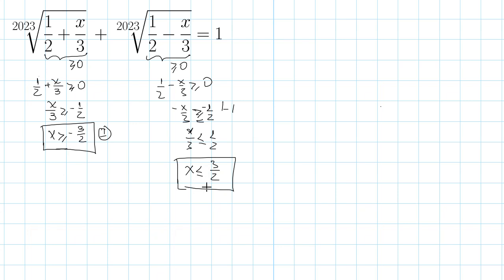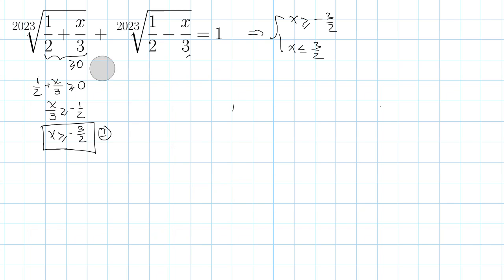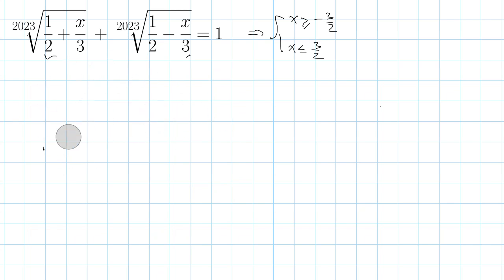Okay, guys, so this is our condition. So I'm going to put these conditions here. Our solution has to obey these conditions. Okay, well, now I'm going to erase this and start solving our problem.